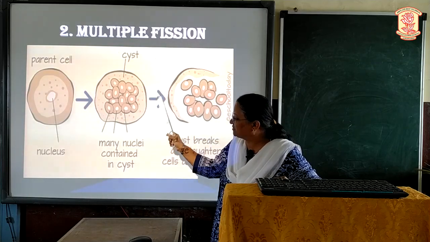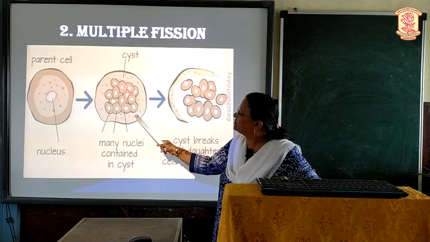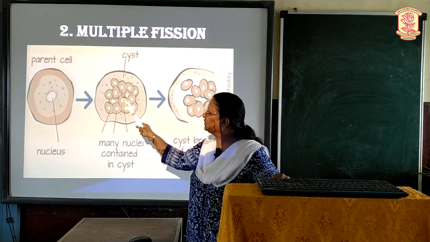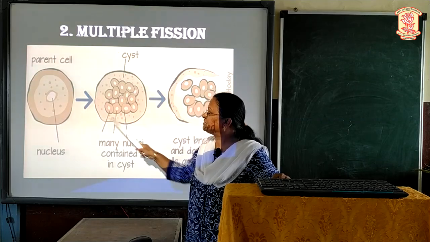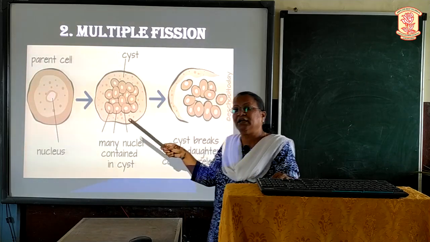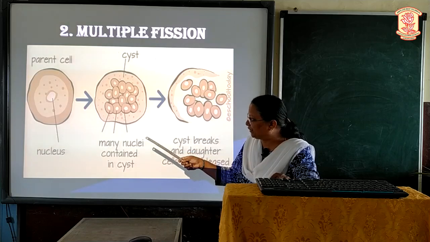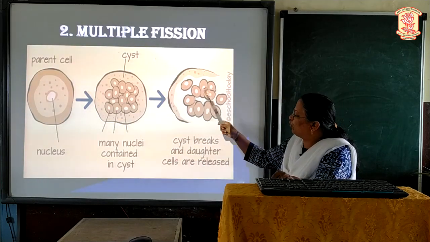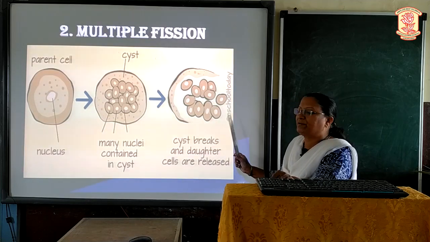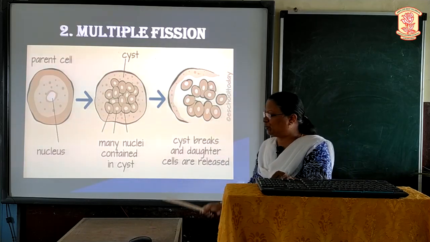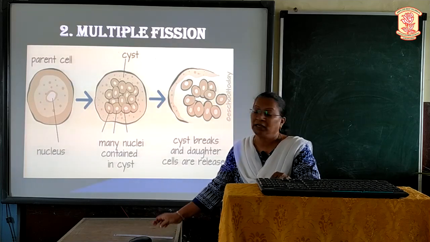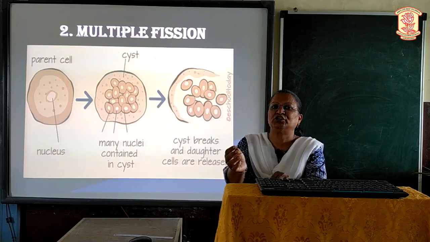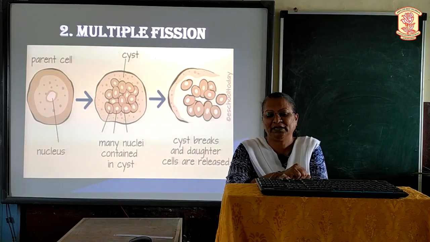And around these many nuclei, cytoplasm gets accumulated and many daughter cells are formed inside the cyst. But when again the favorable conditions return, the cyst bursts open and these many daughter cells are released as individual amoebulae. This is about the second method, that is multiple fission in unicellular organisms.